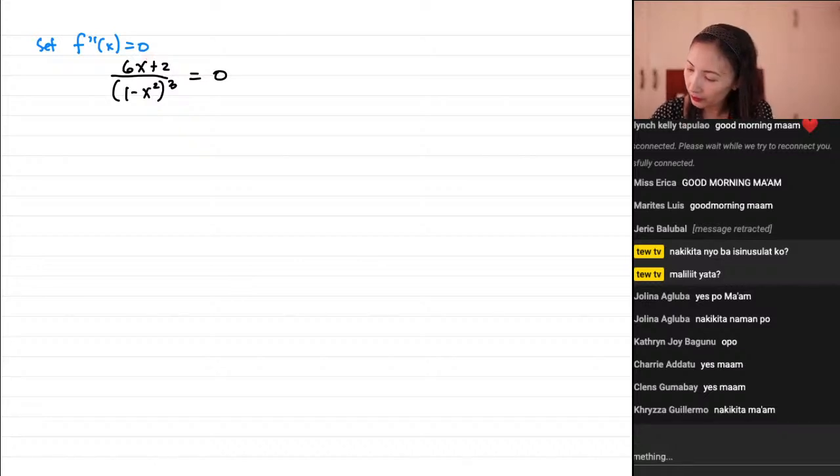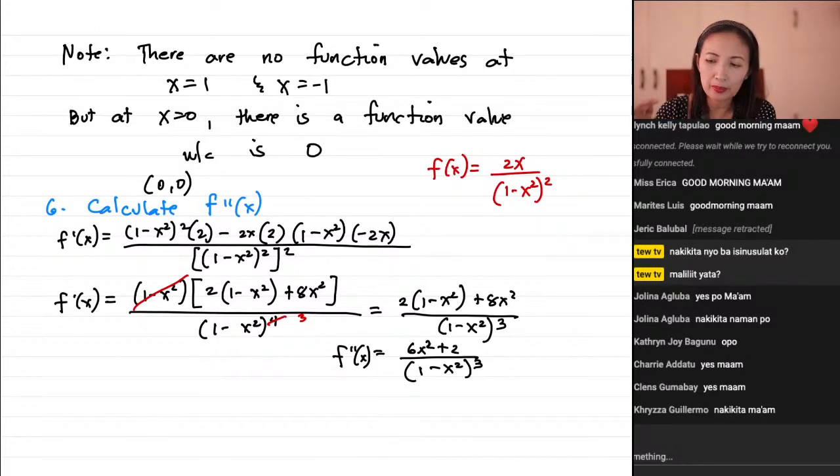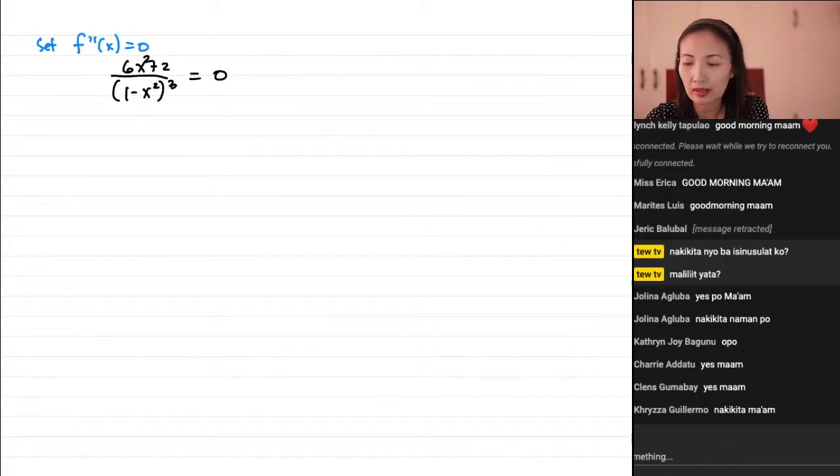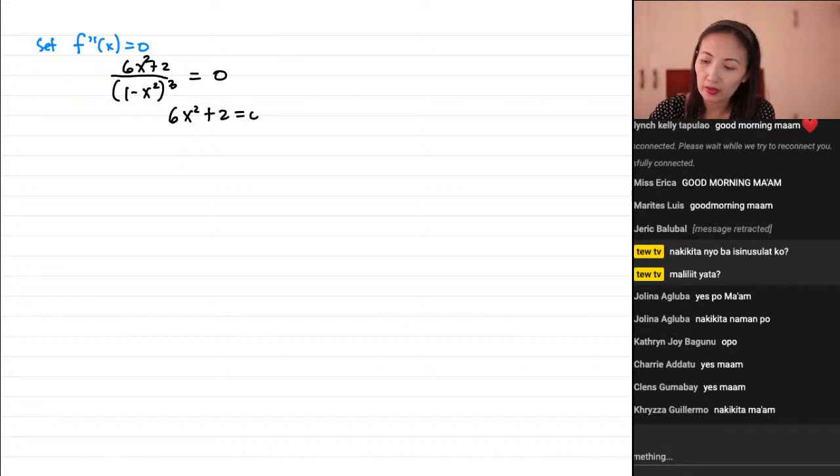Going back, x squared plus 2. Will there ever be a value of x that will make this 0? None, because you will end up with 6x squared plus 2 equal to 0, and you'll end up with something which is imaginary, 6x squared equal to negative 2.